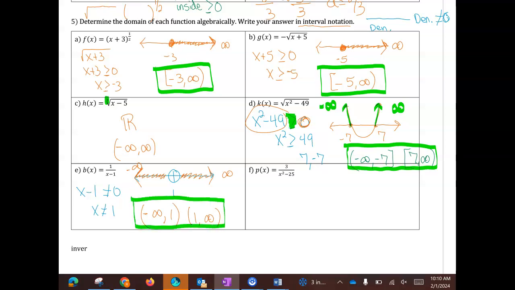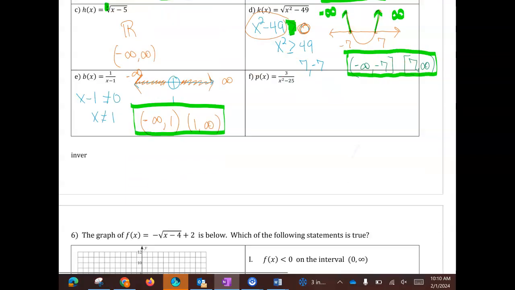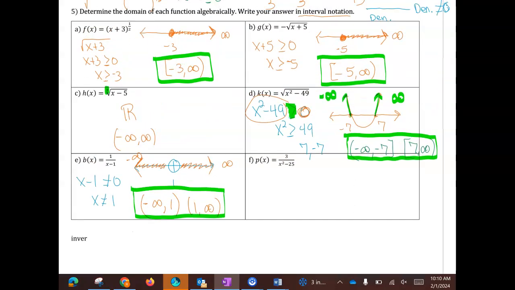All right, last one for domain and range. So I'm going to take what's inside the denominator, can't equal 0, add the 25 over, square root, so x can't be 5 and -5. It can be everything else, but not 5 or -5.